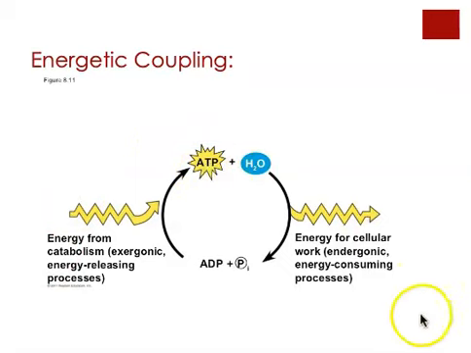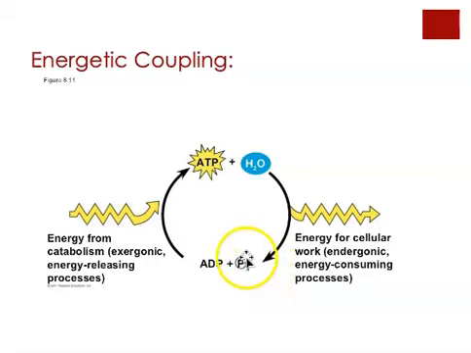Then in other parts of the cell, on this side of the diagram, where anabolic reactions happen to be occurring, where molecules are being built, energy is needed to do that, to make a covalent bond. You need some energy. How are we going to get that energy? Well, we're just going to break that ATP.